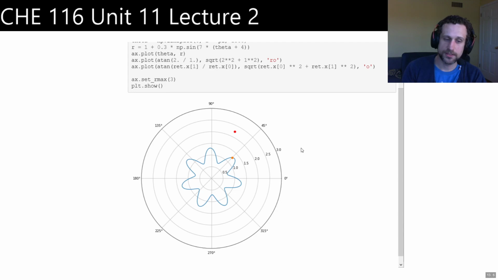Okay, so that's all I want to cover for optimization. We saw on Thursday in lecture 1 how to do root finding and minimization and maximization. And then in this lecture, we saw how to add bounds or constraints and how we can treat non-convex optimization by using basin hopping.